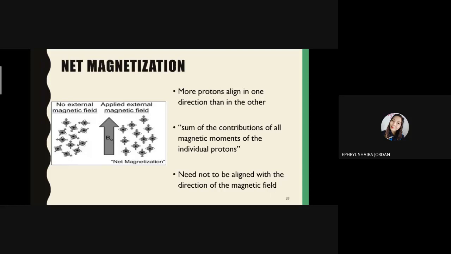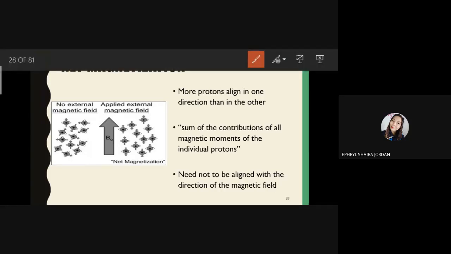Again, yung sabi ko kanina, it does not need to be aligned with the direction of the magnetic field. If most of the spins or the protons align on the opposite side, then the net magnetization is along this direction.